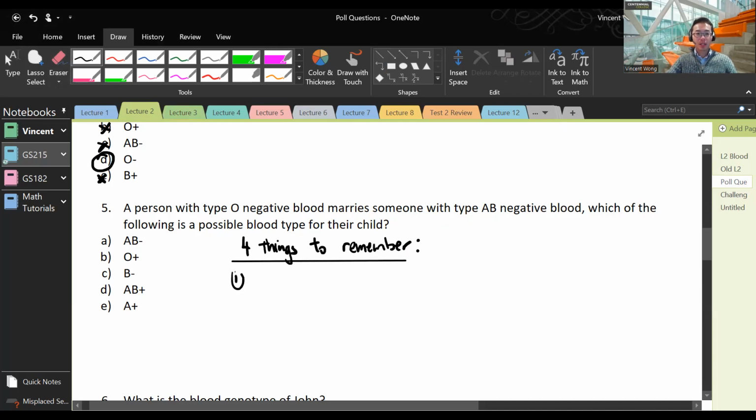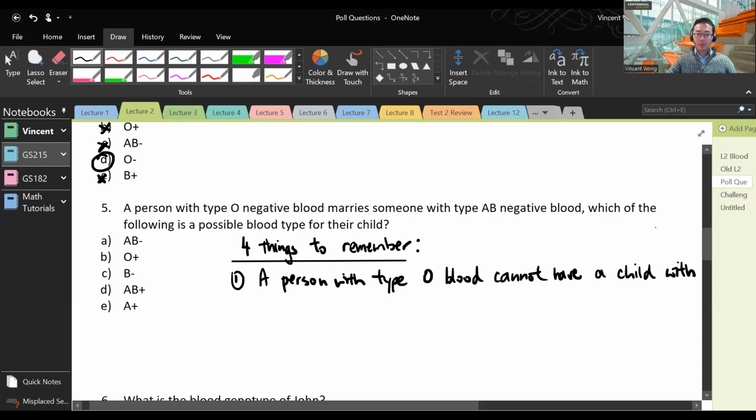Okay, number 1. A person with type O blood cannot have a child with what kind of blood?